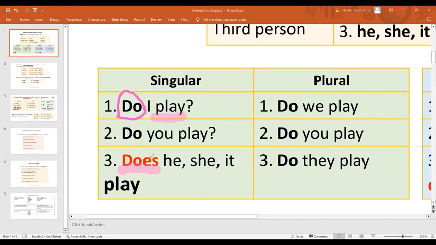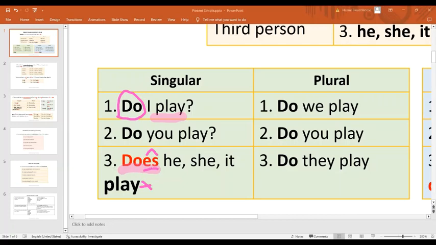And once it takes the suffix es to itself, the main verb doesn't take any suffix. So there is no suffix at the end of the main verb because do took the suffix es of the third person singular in present simple.